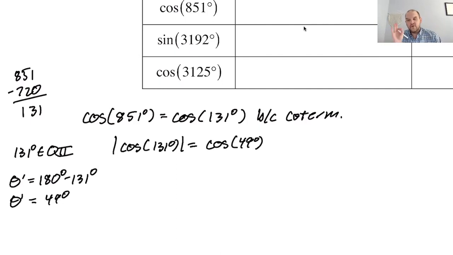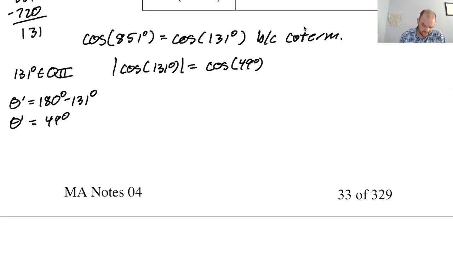Now, 131, since it's in quadrant 2, has a negative cosine, right? So cosine of 131 is actually negative. So let me write that. Cosine of 131 degrees is actually less than 0. The absolute value of something that is less than 0 is the opposite of that thing.